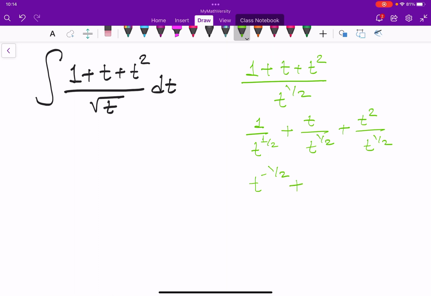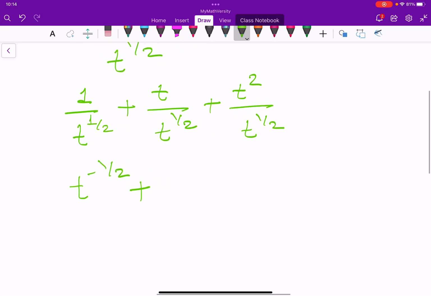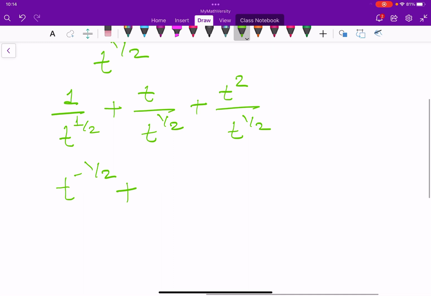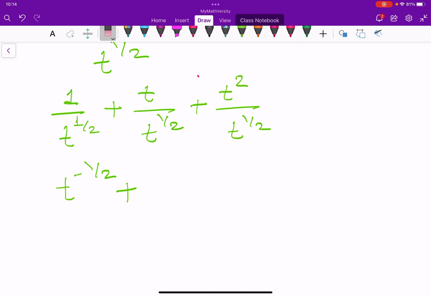Plus the second term, t over t to the power 1/2. There is an exponent law: if you have x to the power m divided by x to the power n, with the same base, we can combine the powers by subtracting.